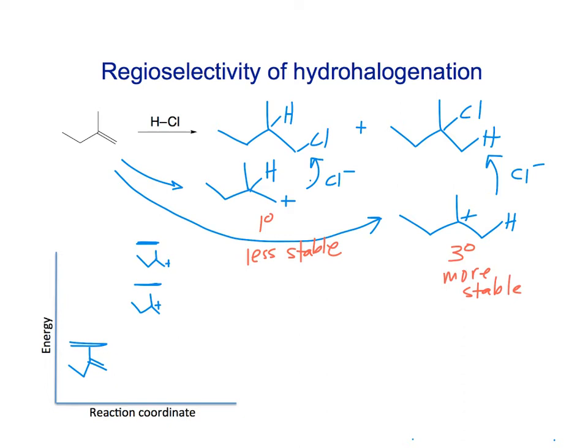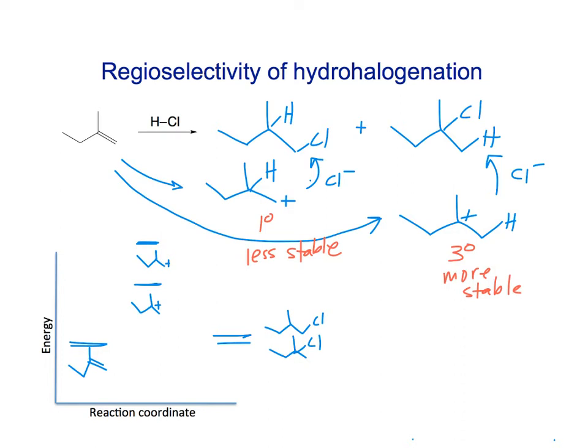And then somewhere over here we'd have our products. We can't really tell which of those products would be more or less stable. So this would just be our two different products. We have one with the chlorine here, and one with the chlorine here. So let's concentrate on the first part.